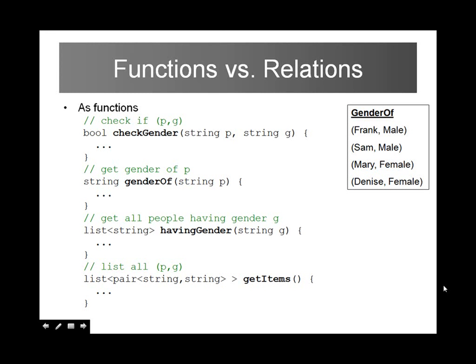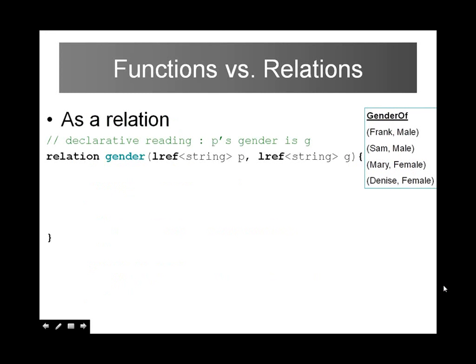I have deliberately skipped all the implementation details because it's quite obvious how you could probably go about implementing these functions. And there are many different ways you could probably do this with if statements and for loops and data structures and so forth. Therefore, I'll just skip describing those details and simply show you how the same set can be described as a relation.